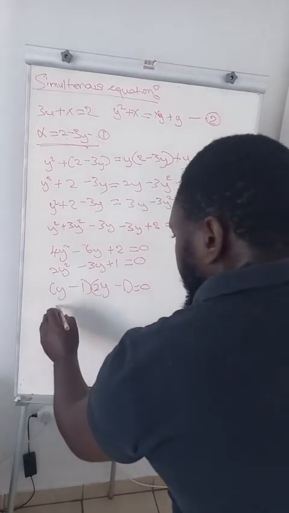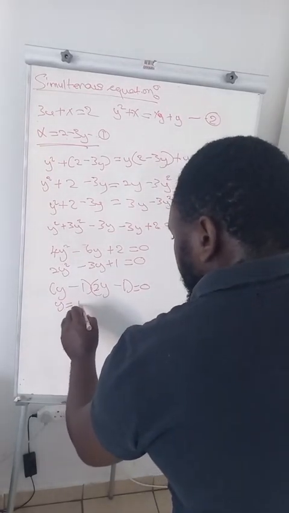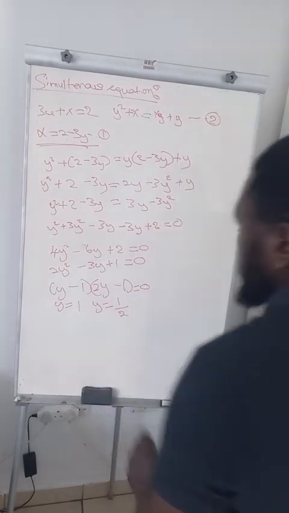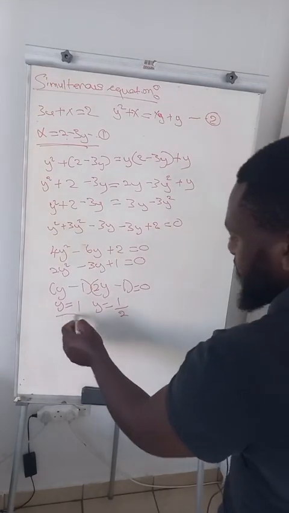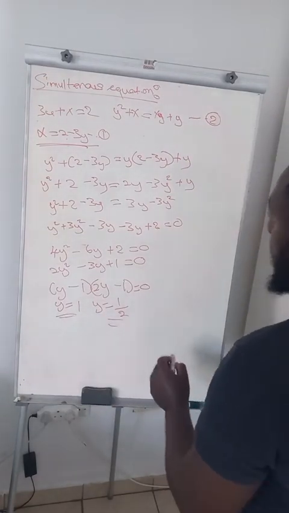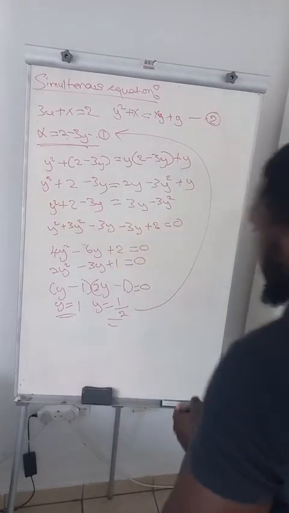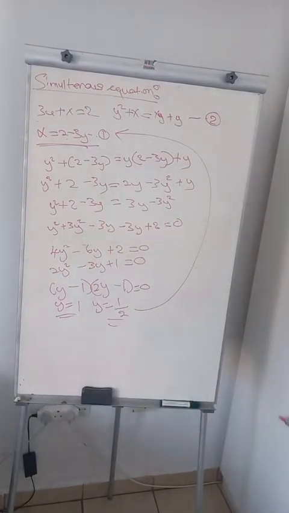So it means now I get y is equal to 1 and y is equal to 1 over 2. Now these values which I got, I need to come back here and insert those values so that I can be able to get the x value.